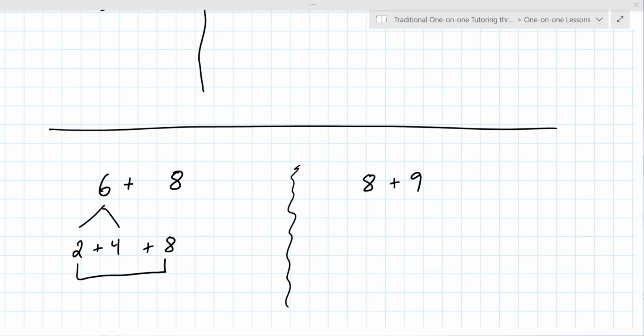Go ahead and try that on your own, please. 17. It is 17, perfect.